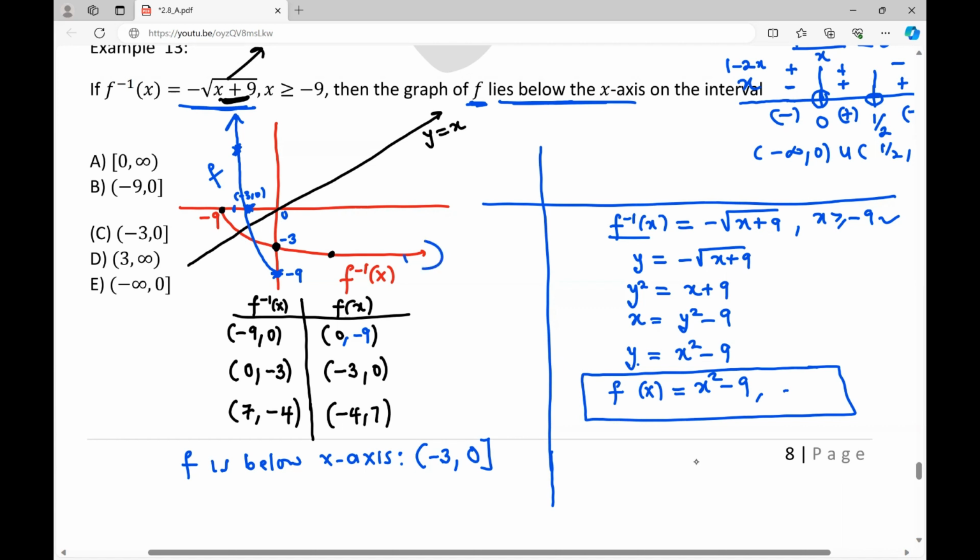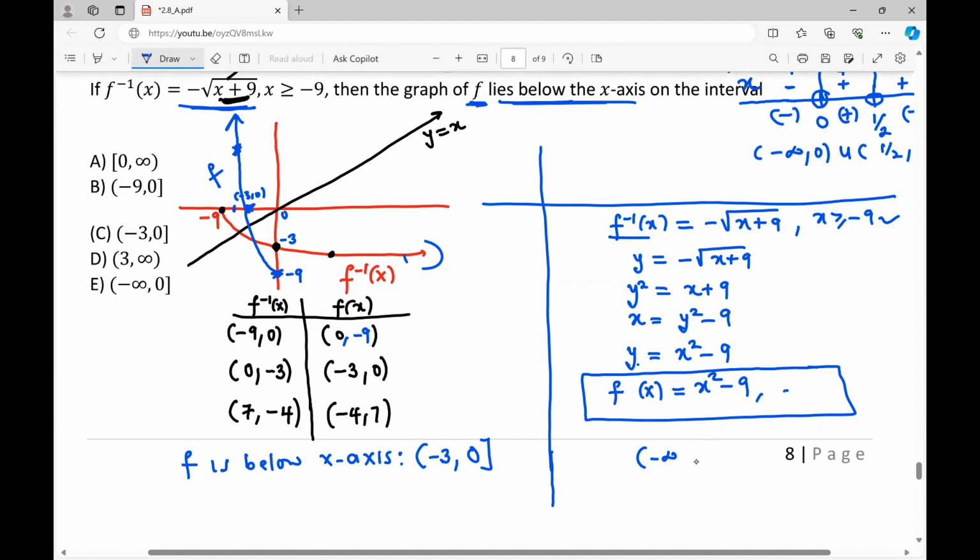As you can see, the range is from minus infinity to 0. We know that the domain of this F is going to be the range of this F inverse.